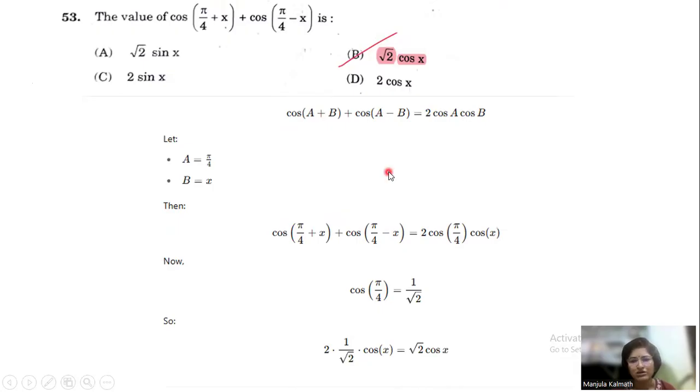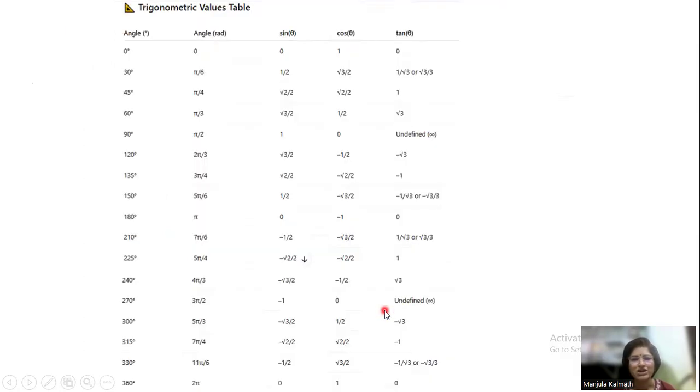One more thing: I said cos of pi by 4 equals 1 by root 2. These are predefined values, and here we have values for all these angles.